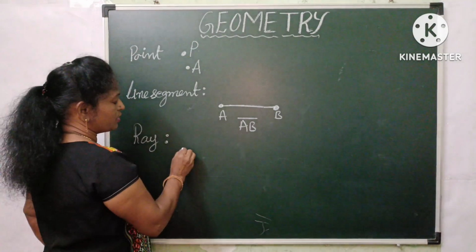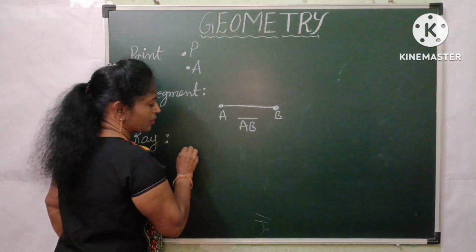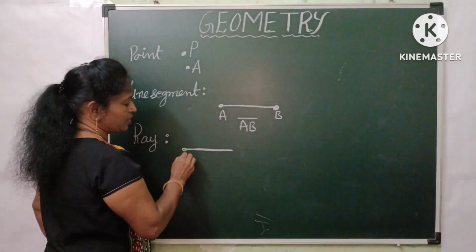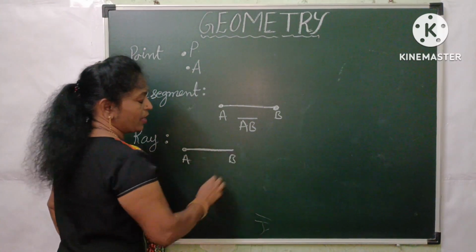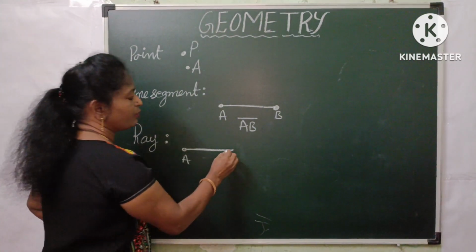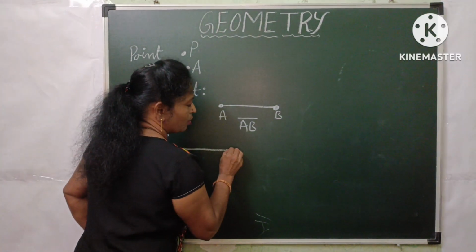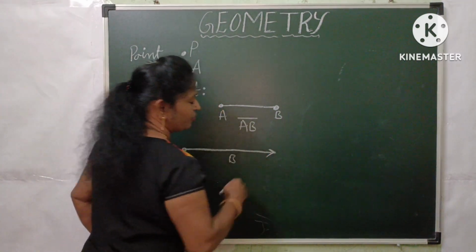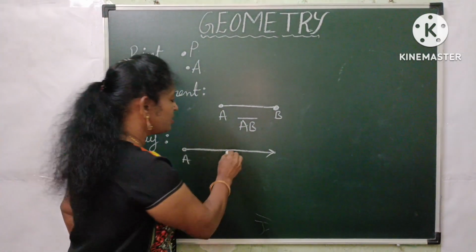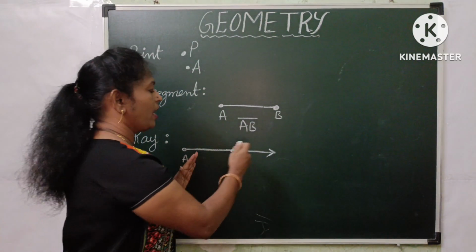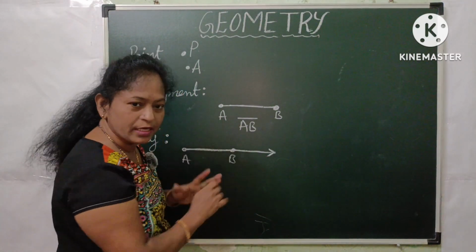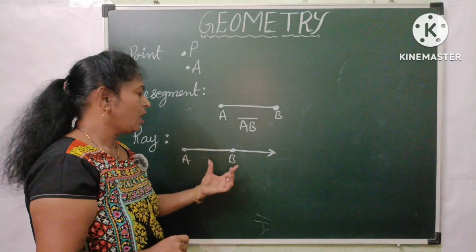Ray means suppose this is line segment AB, and we extend this line segment in one direction. Extending in one direction, we use an arrow mark. It extends in one direction endlessly. It is called a ray.